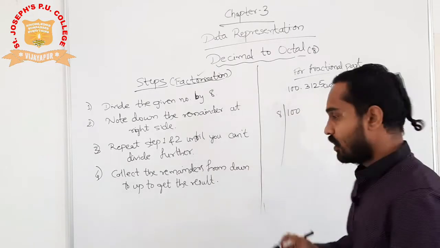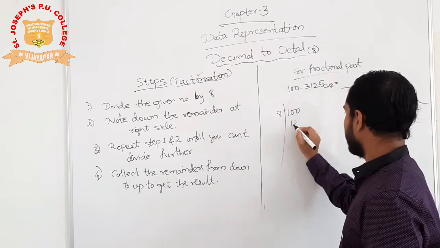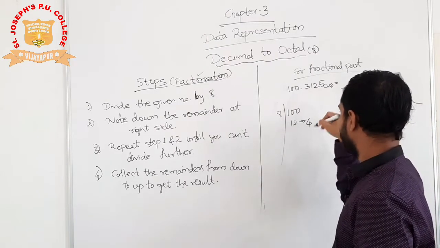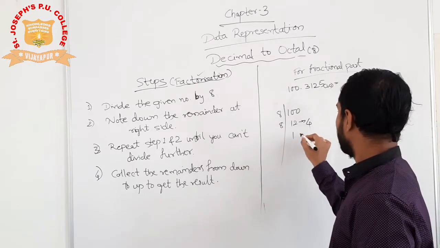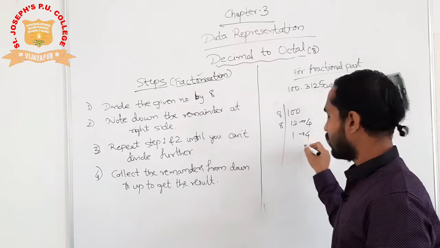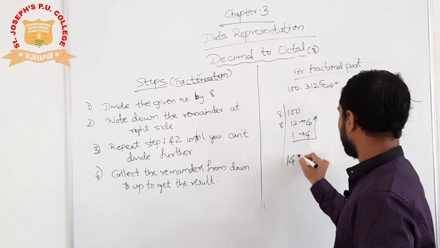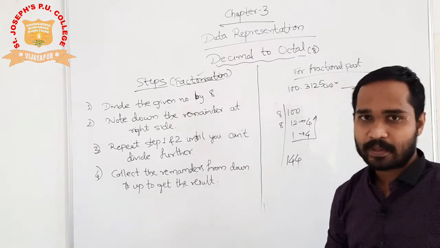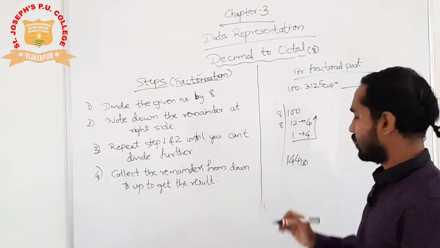How to do that? Yes, 8 1s are 8, 2 is remaining, 8 2s are 16, 4 remains. Am I right? Okay. Then 8 1s are 8. Again 4 remains. Can you divide further? No. So this is the answer. 144. So 100 can be written as 144 in octal.